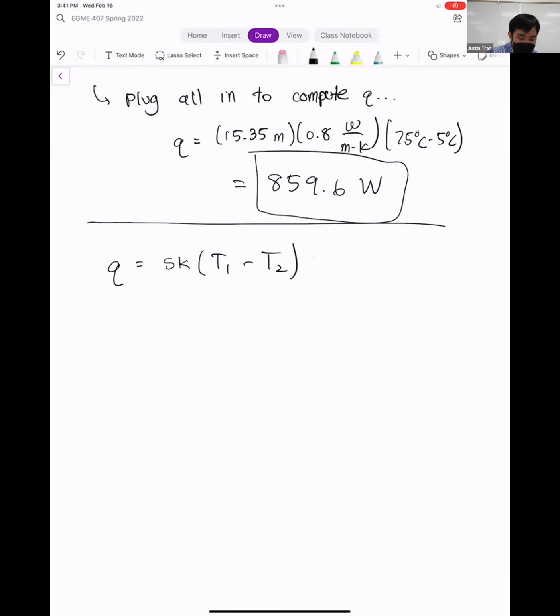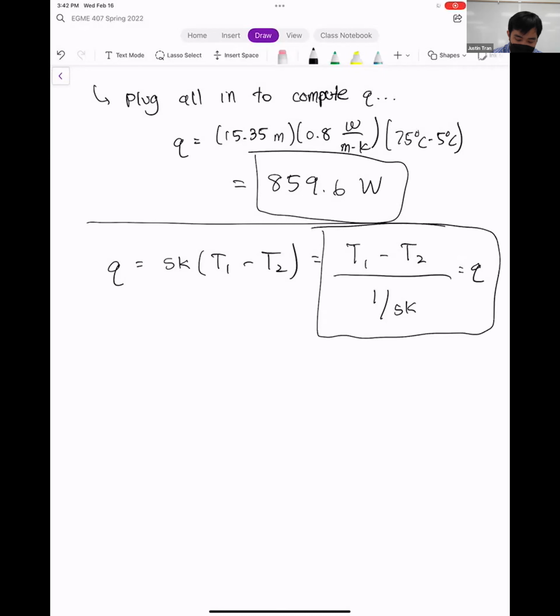Let me rearrange this equation just a little bit. Instead of SK times T1 minus T2, we have T1 minus T2 divided by 1 divided by SK, which is equal to Q. This is the exact same equation as the one on the left.